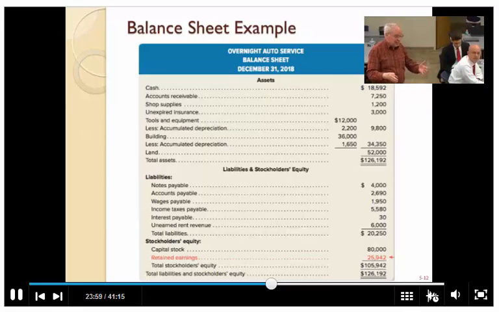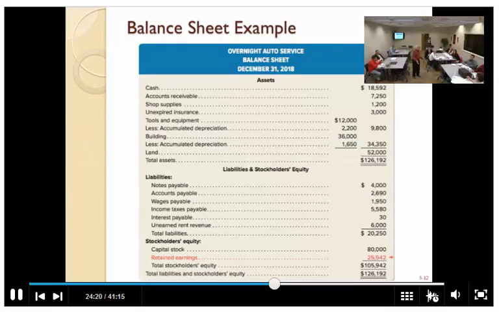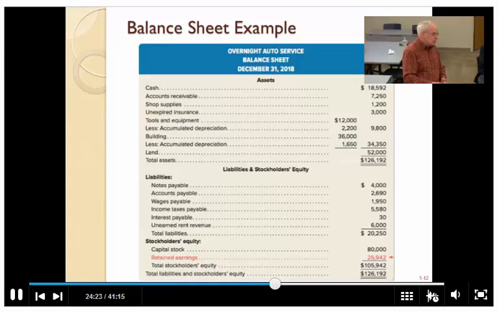But theoretically, it's cost minus salvage value divided by life. That's the calculation for straight line depreciation. So the question you've got to ask yourself is, how long is this land going to be here? Forever. Well, you can't divide by infinity, so land is never depreciated. So you didn't know accountants had such lofty thoughts.